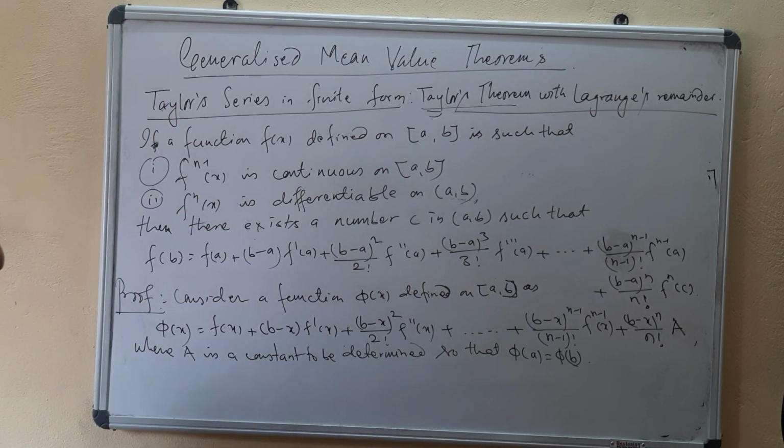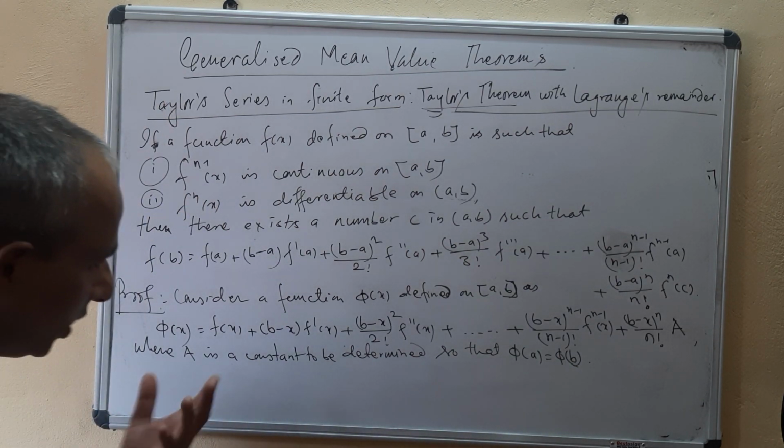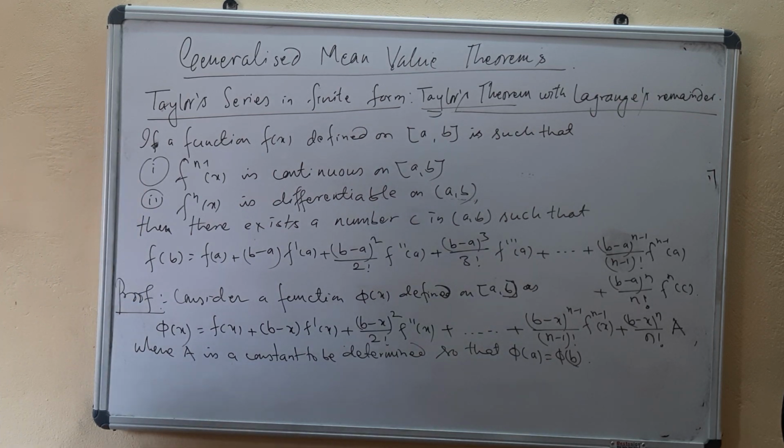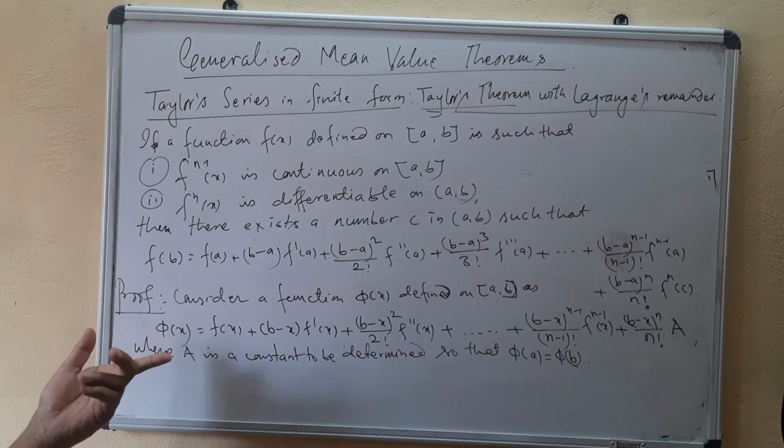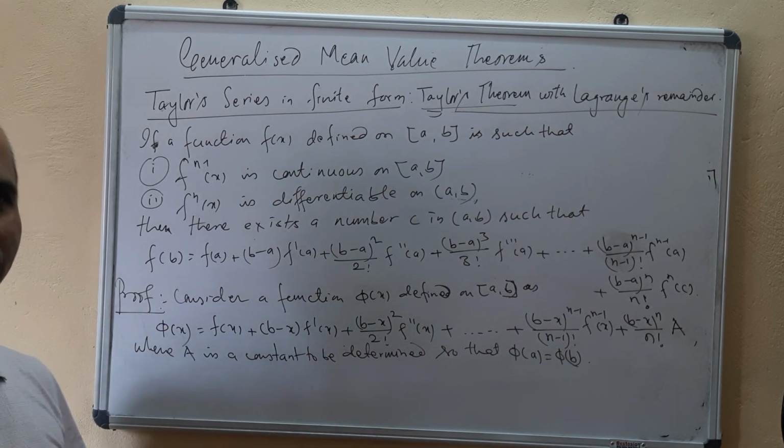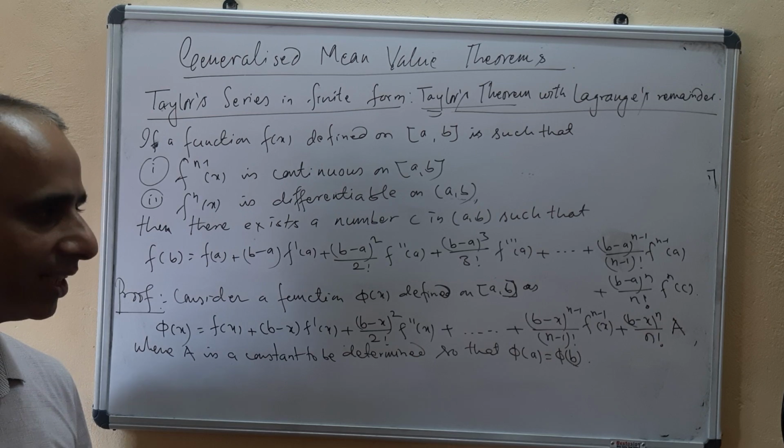So here we are adding one condition to choose this constant A, phi(a) equal to phi(b). And you might have understood or guessed what we are doing: we have formed phi(x) so that it will satisfy Rolle's theorem. You can see clearly how.